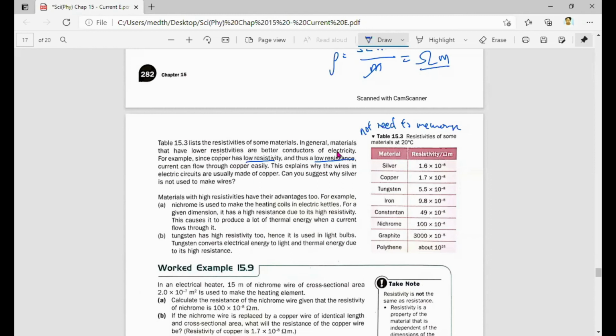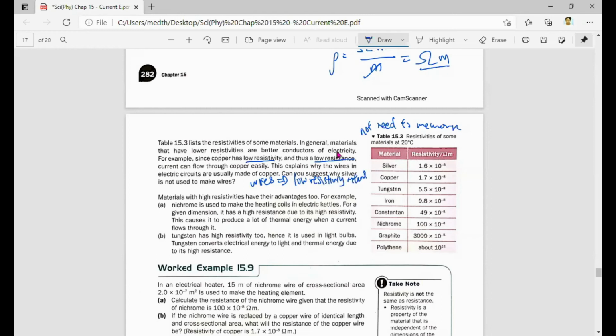But because of resistivity, it can cause a difference in resistance. So typically for conductors or wires, we will use low resistivity material.